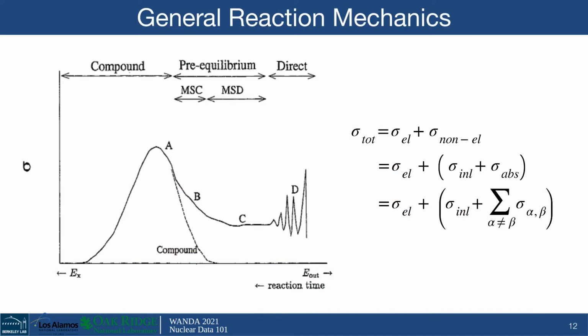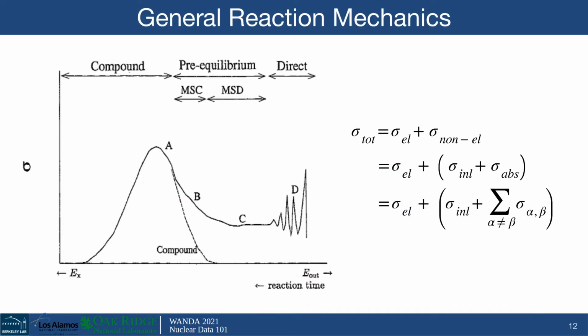Pre-equilibrium emission takes place after the first stage of the reaction, but long before statistical equilibrium of the compound nucleus is attained. It is imagined that the incident particle, step by step, creates more complex states of the compound system, gradually losing its memory of its initial energy and direction.